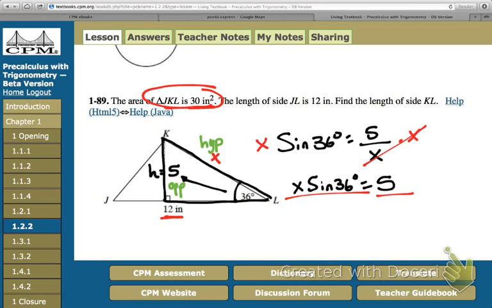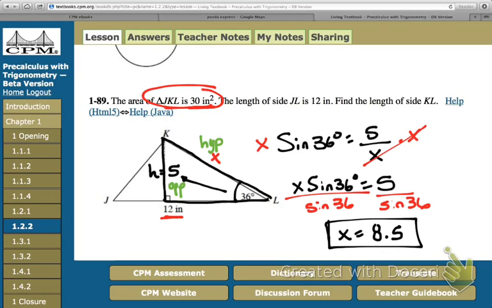Divide each side by sine of 36. And make sure your calculator is in degrees. 5 divided by sine of 36 is equal to x, approximately 8.5. And that's the length of KL.